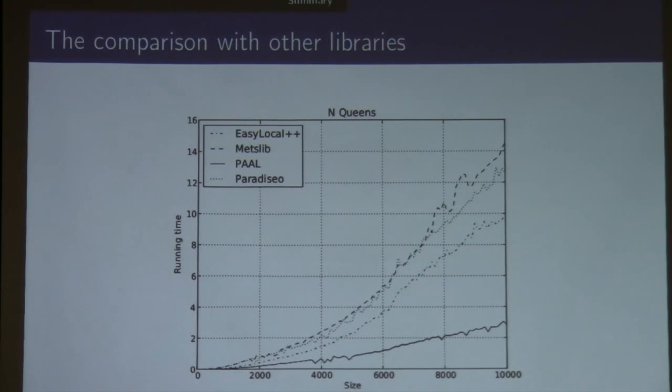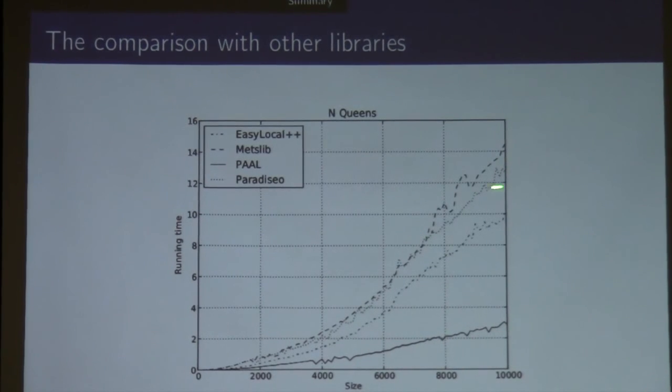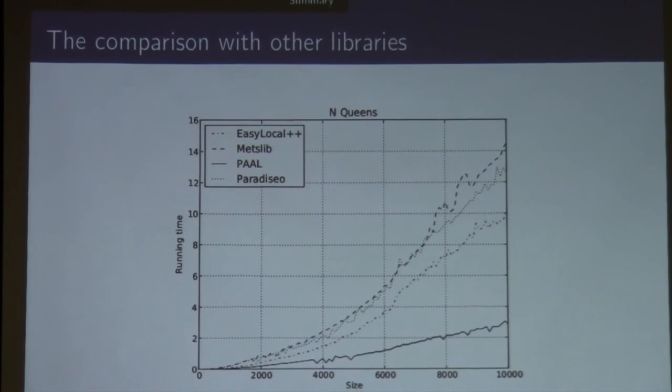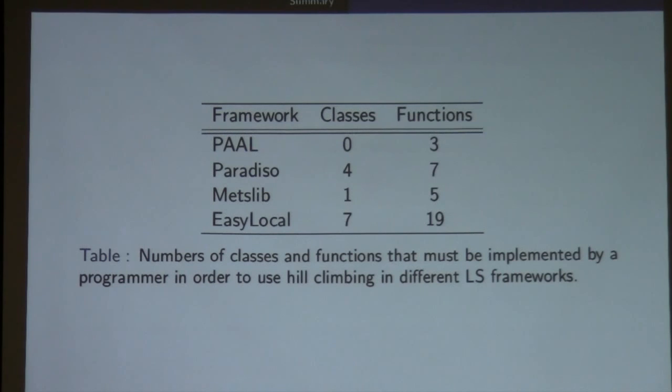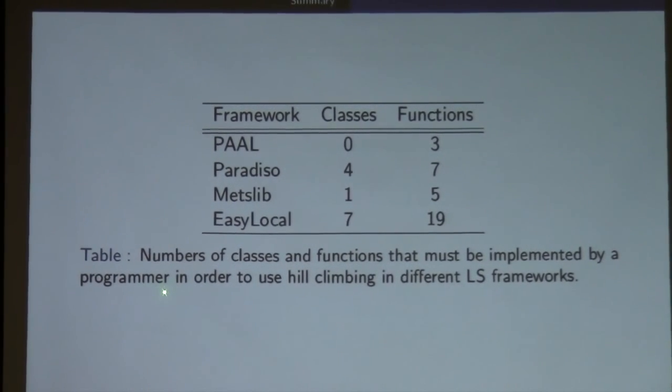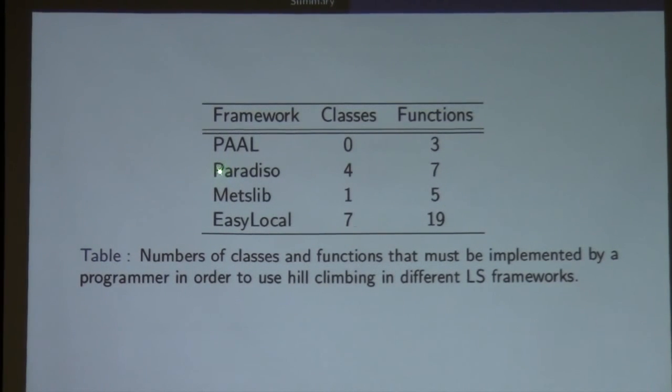We are just faster. Also, it's hard to measure which design is more complicated. There are not many hard measures. We measured how many functions you have to write to program a very simple hill climbing. In our case, you must write more or less 3 functions. These are the results for other libraries.